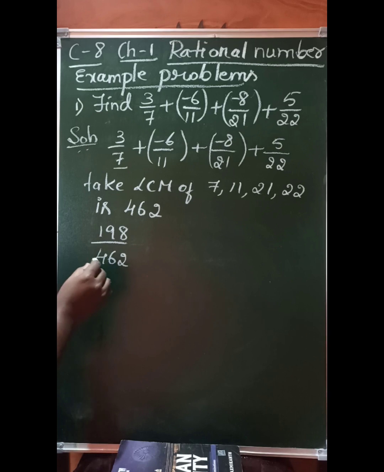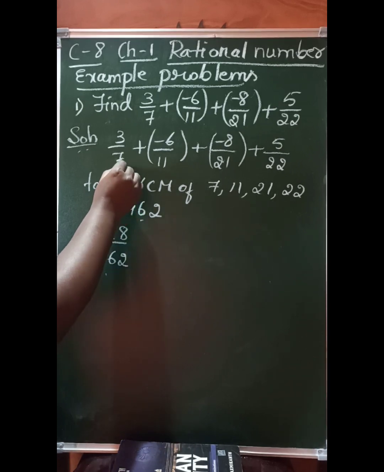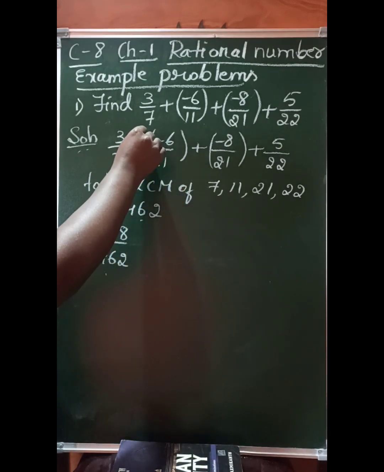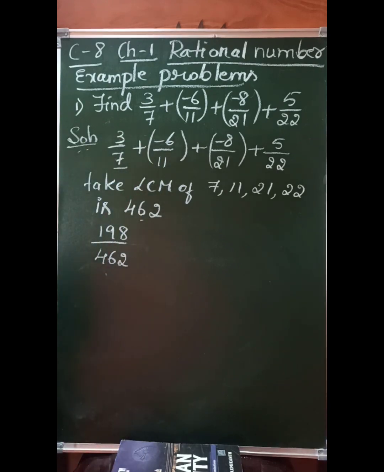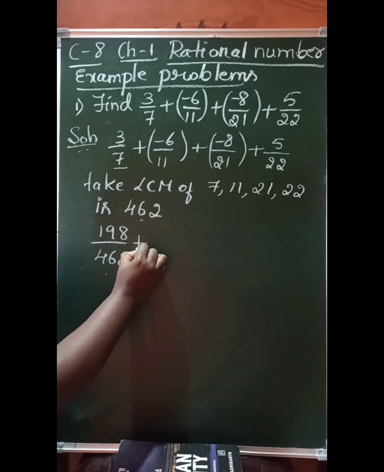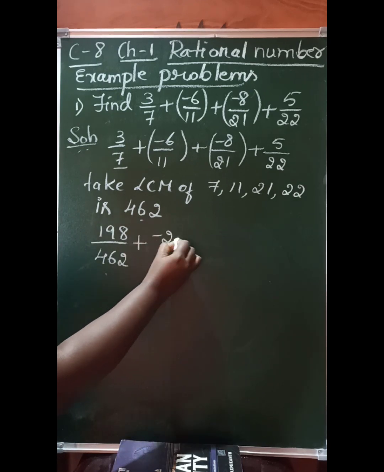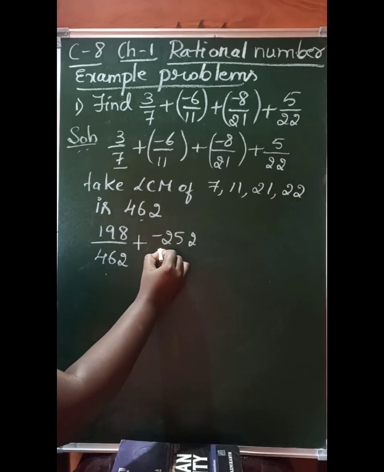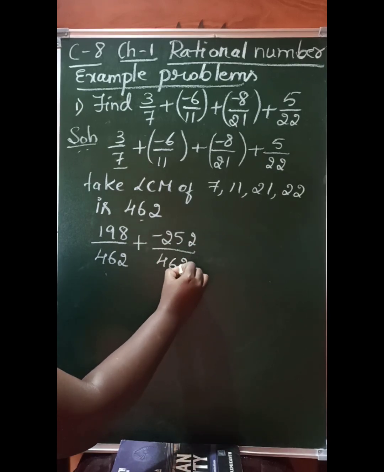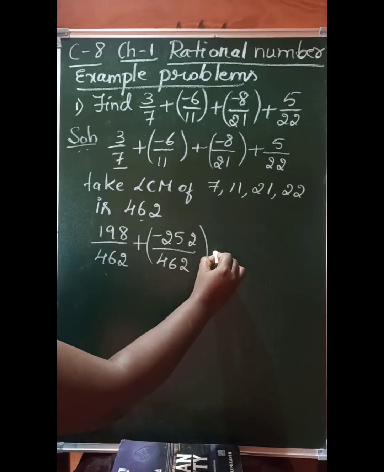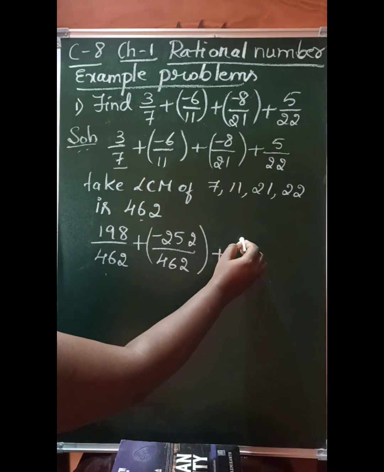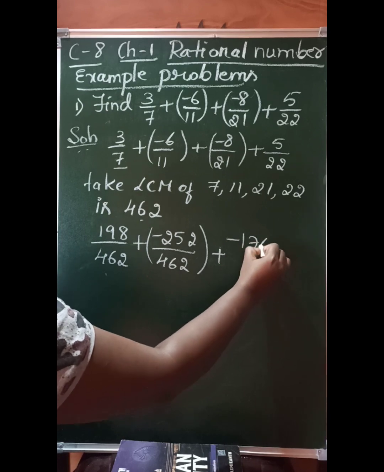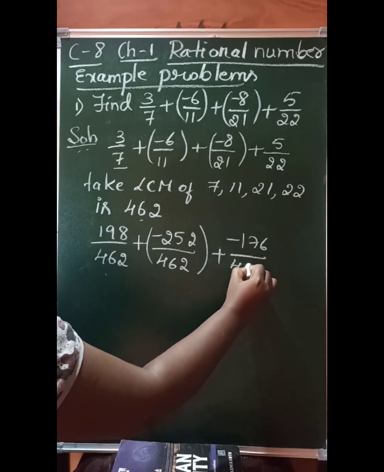You cancel the LCM by 7, and whichever number you get, you multiply it with the numerator. In the same way, for minus 6 by 11, write plus 252 by 462, and for minus 8 by 21, write minus 176 divided by 462.